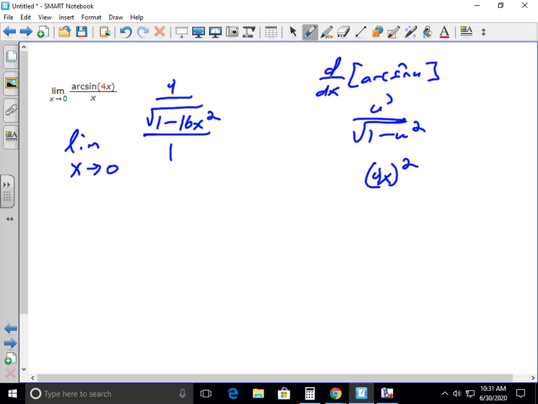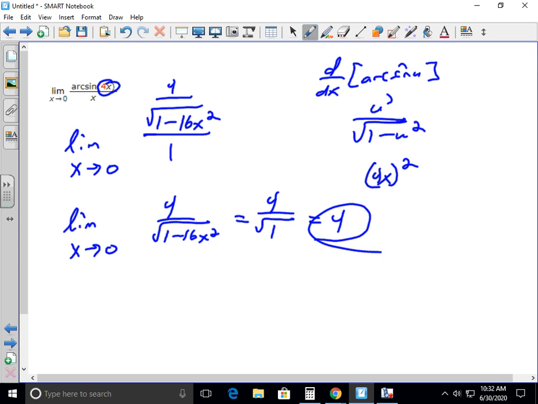So if we simplify that, that's just 4 over the square root. If we let x be 0, we would get 4 over the square root of 1. So this approaches 4. So that's our limit. Once we get something that's no longer indeterminate, we cannot use L'Hopital anymore.